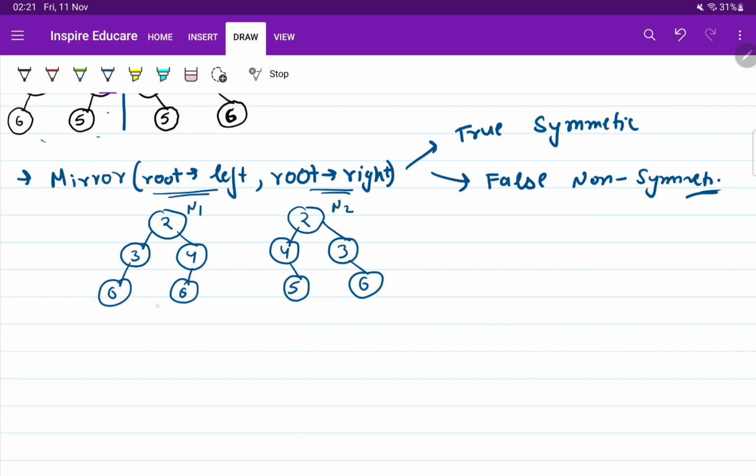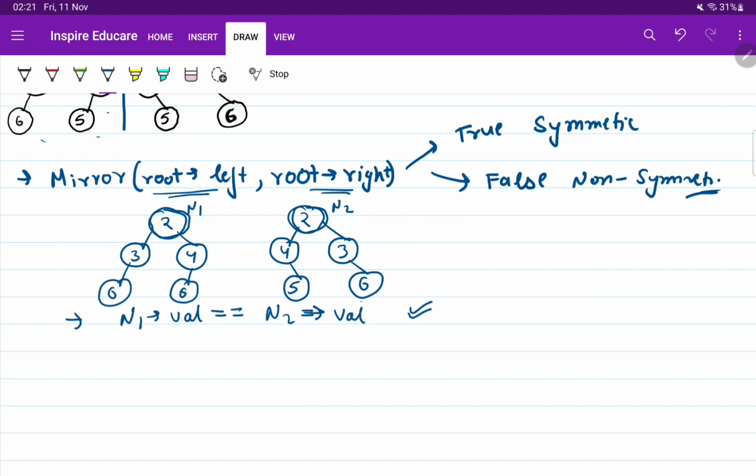Now for these two to be mirror of each other, what will be the conditions? Let's think about it. Can I say that the value of n1 should be equal to the value of n2, right? If these values are equal, then only they can be mirrored to each other. If these values were different, then what is the point, right?